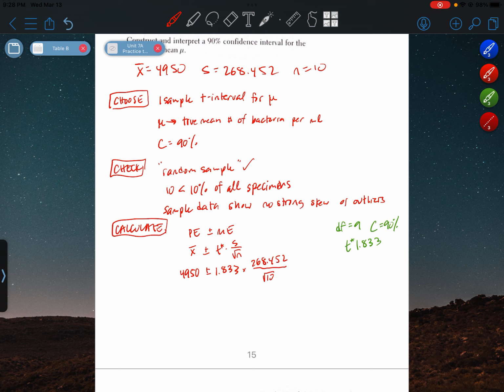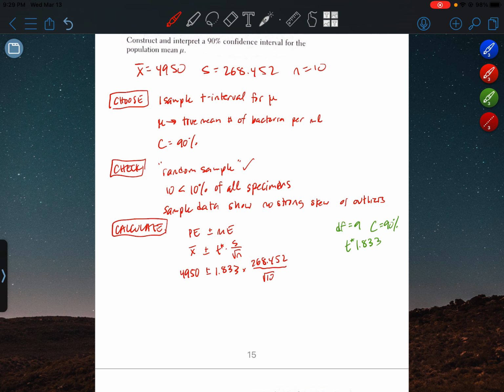Now I know you can't see the next part because I'm just using my TI-84, so I'm doing the calculations off screen. So I'll talk you through it: 4950 minus 1.833 times the 268.452 over the square root of 10.